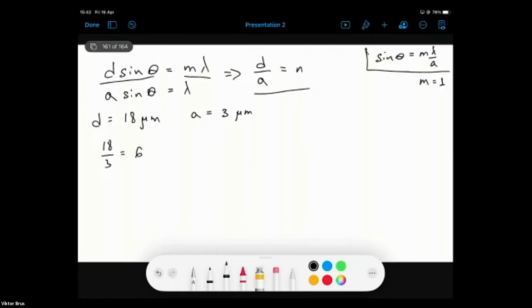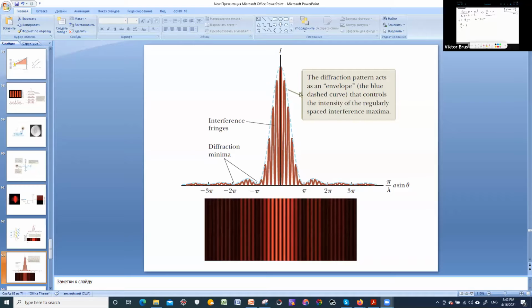We need to remember that we start counting interference maxima at theta equals 0 as the zeroth order maximum. So here we have 0, here we have 1, 2, 3, 4, 5, and 6.